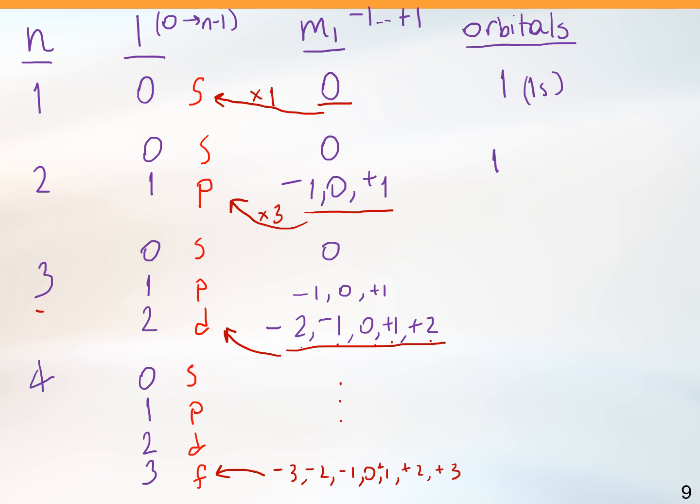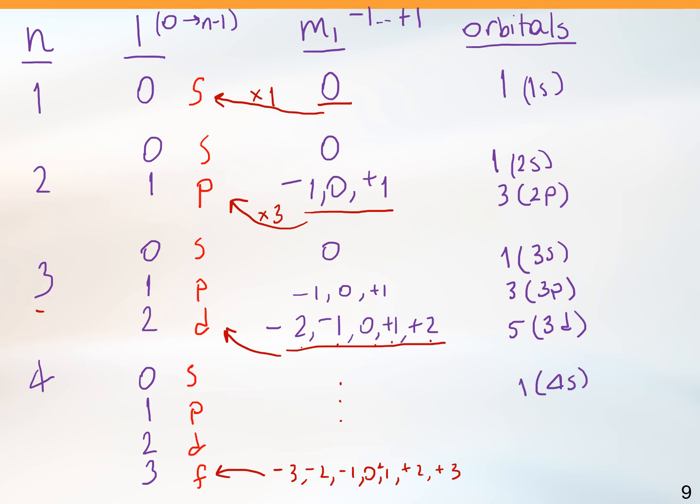There is one 2s orbital and 3 2p orbitals. In the third shell, there is one 3s orbital, 3 3p orbitals, and 5 3d orbitals.